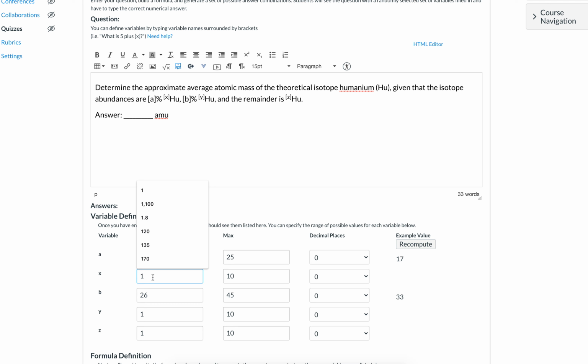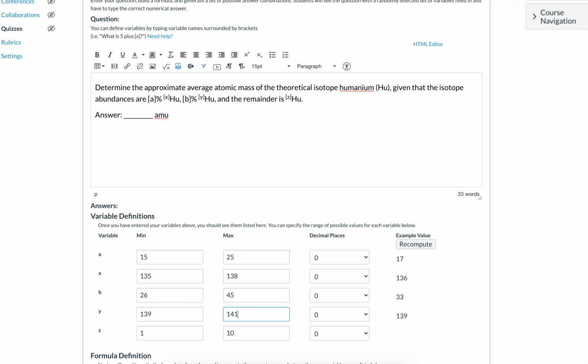X is a mass number for the X isotope of humanium, which means we can give it some number, let's say 135 to 138. So that could be 135, 136, 137, or 138. Then we can have the B or the Y isotope. That might be 139 to 141.